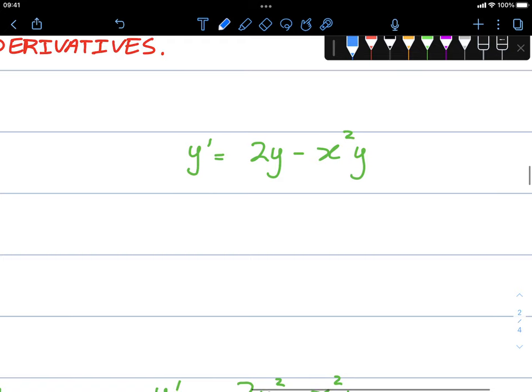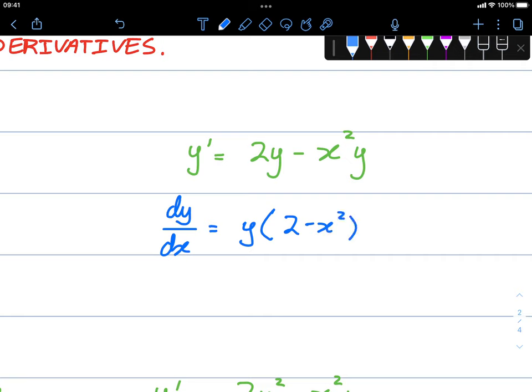Same deal for this one. We get dy on dx. I'm going to factor out y, and then multiply both sides by dx. So my right hand side becomes 2 minus x squared dx.